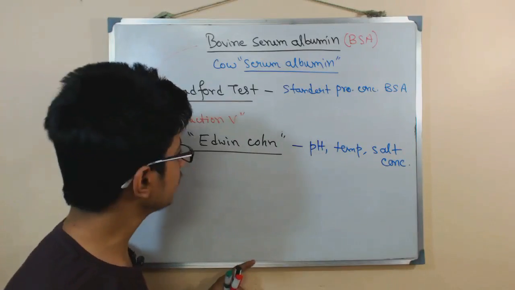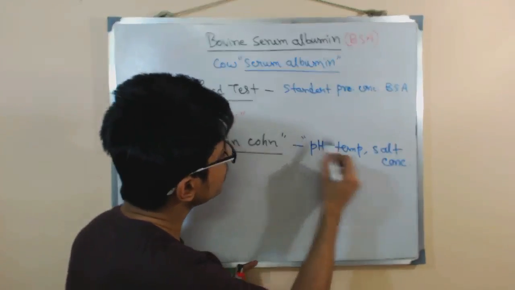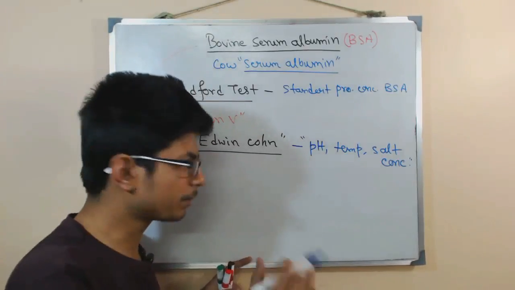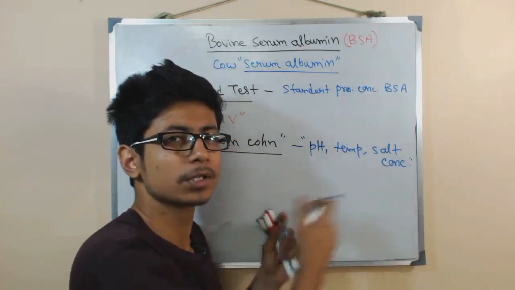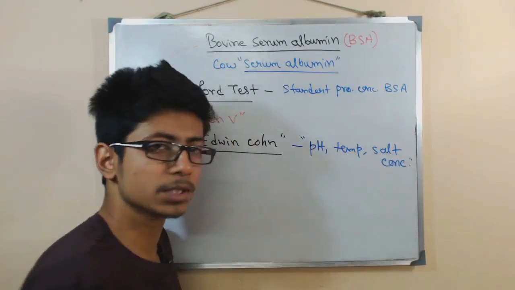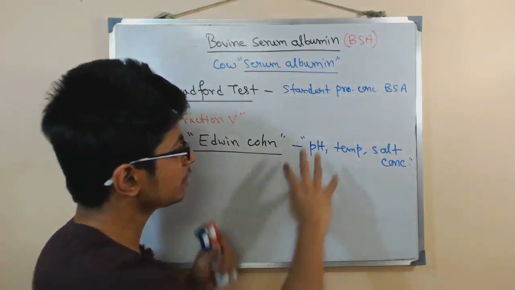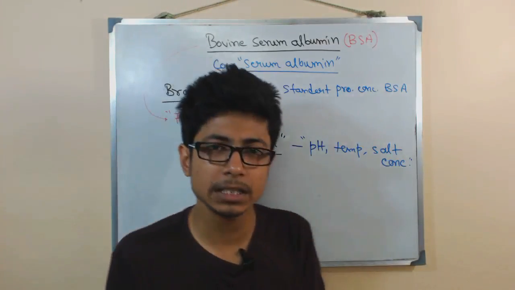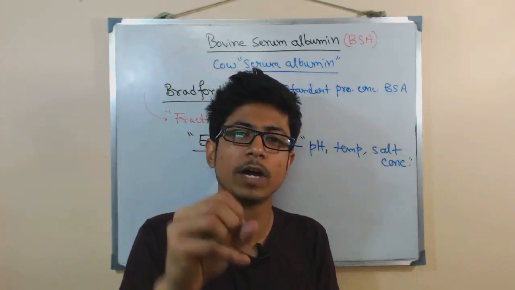So Edwin Cohn changed all these parameters in different combinations. Many combinations are possible with so many variables. He changed many of these combinations and finally held on to the pure bovine serum albumin.